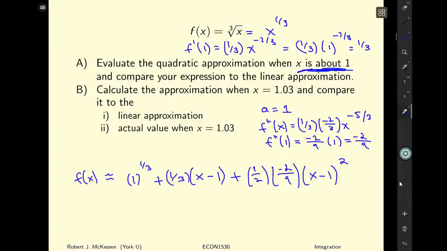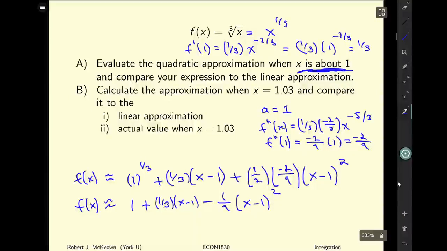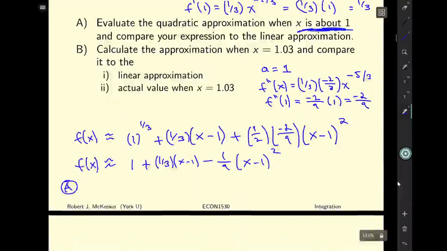Now we can simplify this a little bit. We've got 1 plus 1/3 times x minus 1, and I could make this a negative 2 over 18, or 1 over 9, times x minus 1 squared. Now to finish off part A, we're asked to compare the expression we derived to the linear approximation.